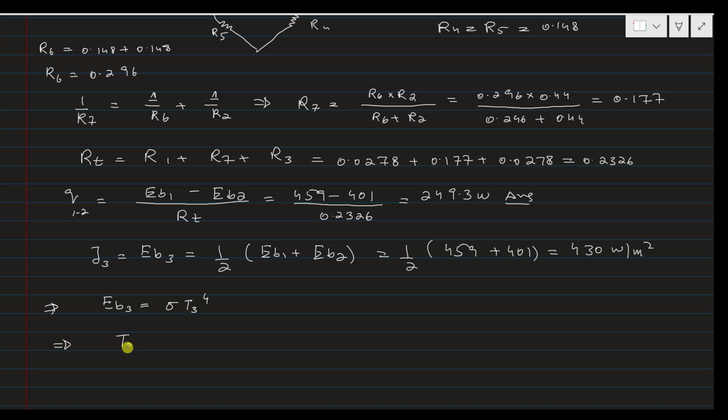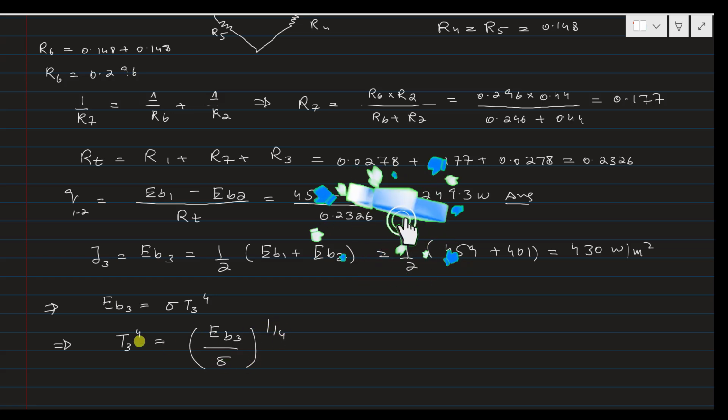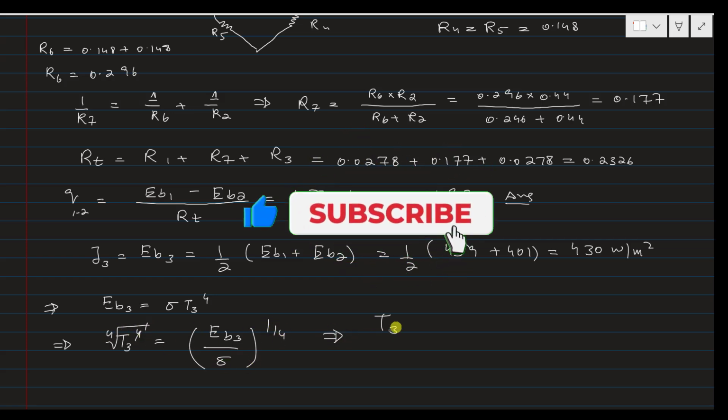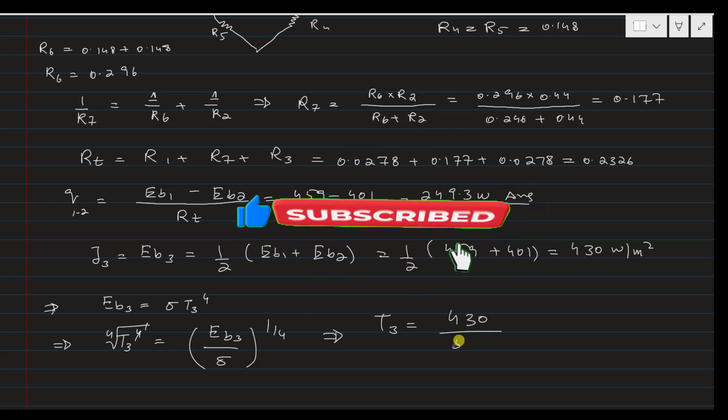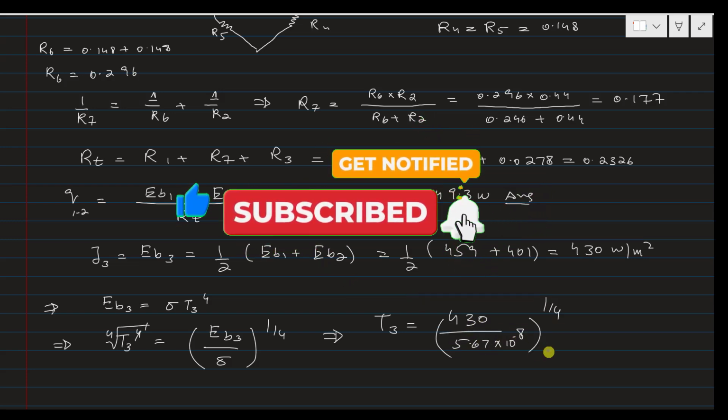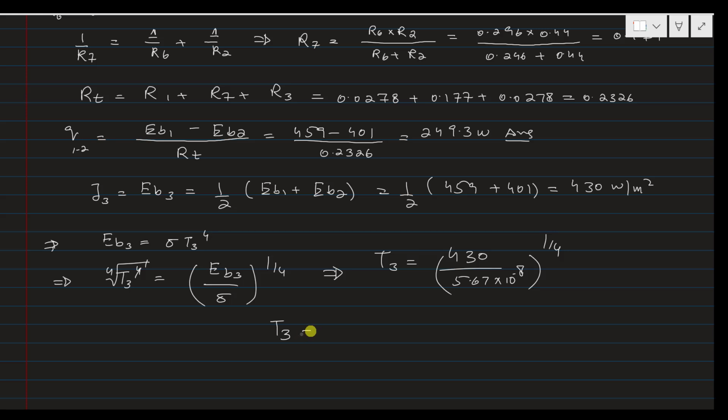So the temperature T3 of the valve, that is perfectly insulated, is 295.1 Kelvin. And this is the temperature of the valve, that is perfectly insulated. And this is the final answer of the statement.